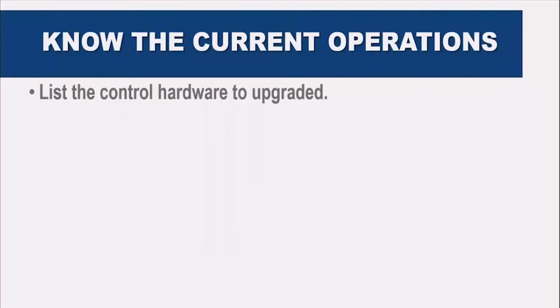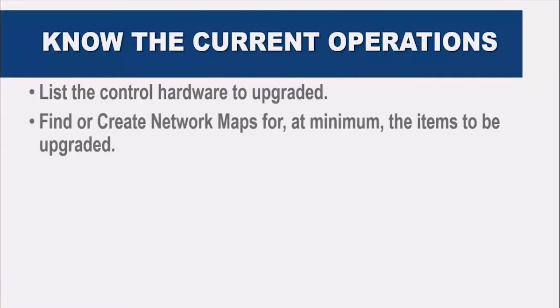So to upgrade, I strongly suggest that you take a list of all the control hardware that you plan to upgrade. Then at minimum, map out what you have in that cabinet, or maybe it's a few cabinets together, just to have some sort of baseline for how they all communicate together.